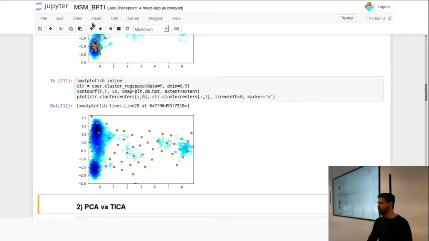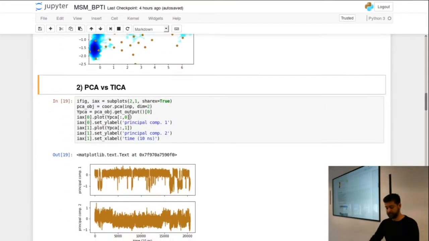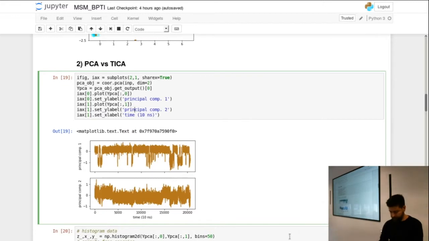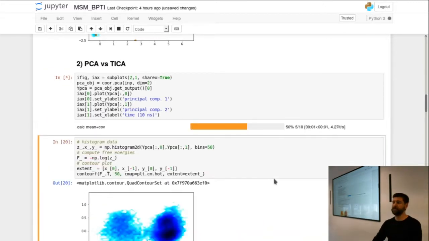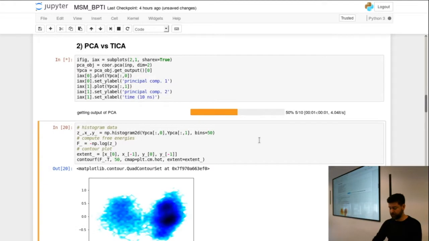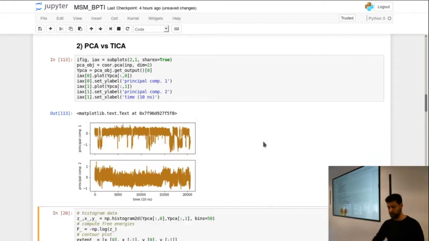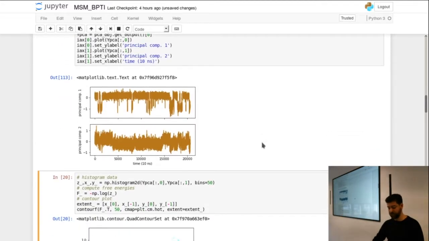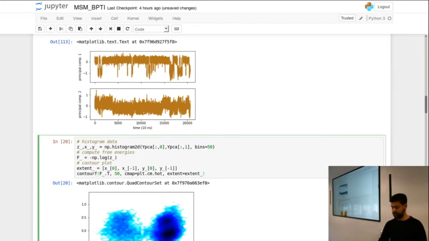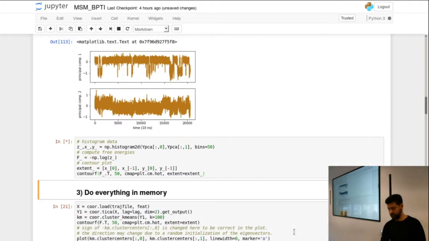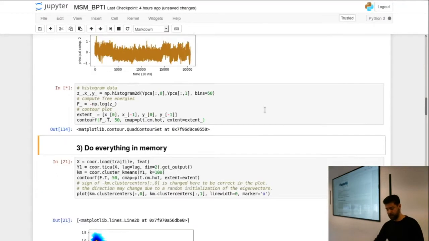Anyway, most of the time you're going to be using k-means. Now we're going to be comparing 2 types of dimensionality reduction: principal component analysis, which I'm hoping you know, and the time-independent component analysis. You see that the trajectories and the free energy surface look slightly different.